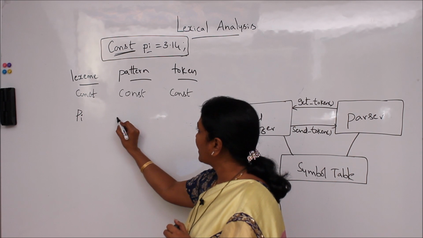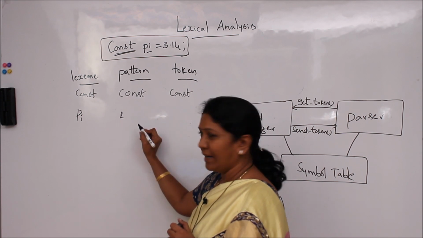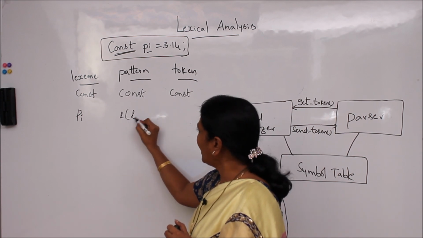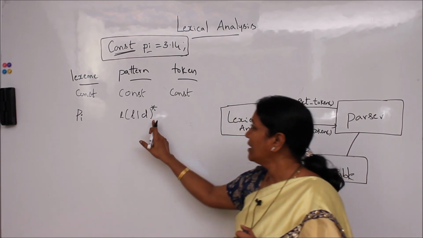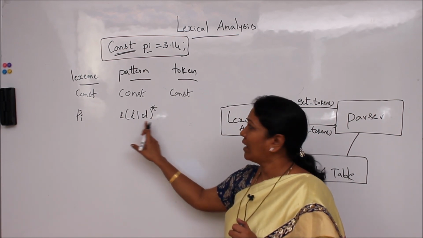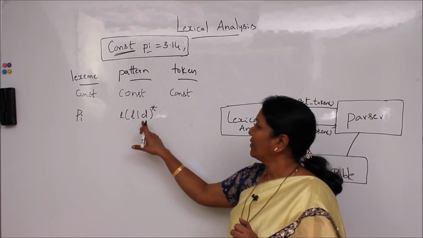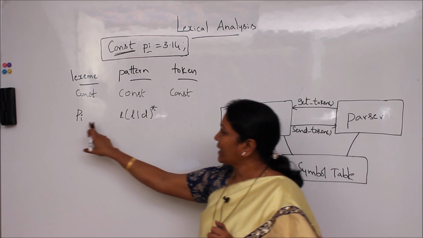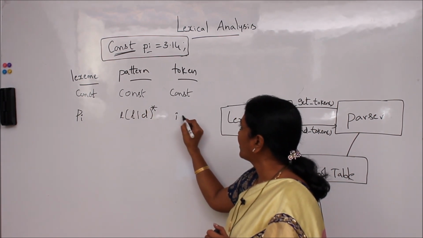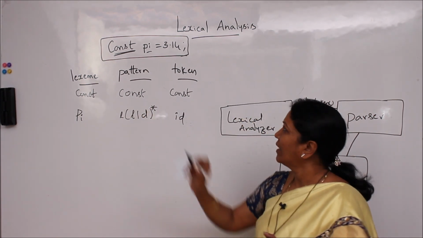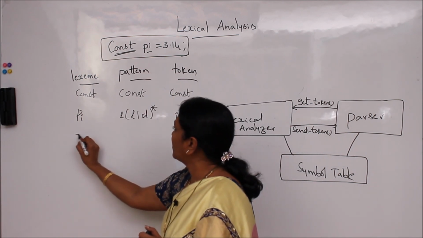If I use a regular expression, I will say the rule is letter followed by (letter or digit) star, any number of letters or digits. This is the lexical rule or pattern using which I can take the input string and group that into the token ID.